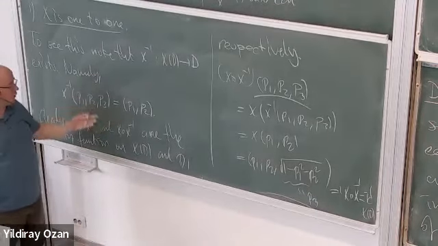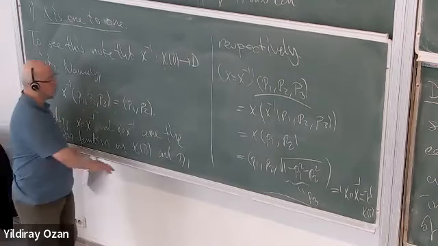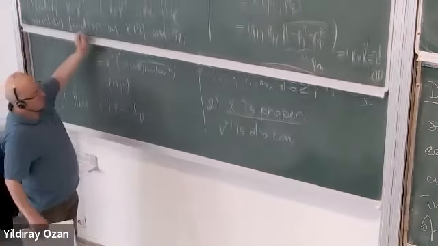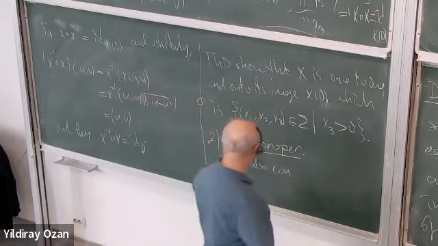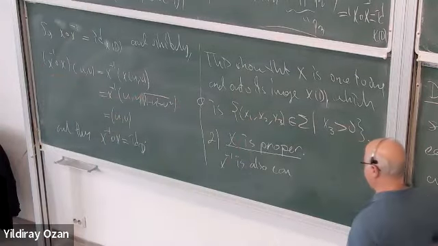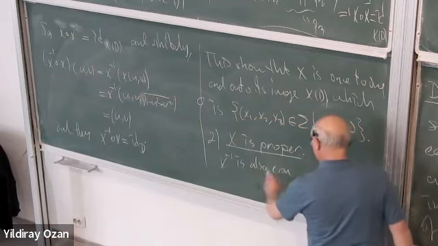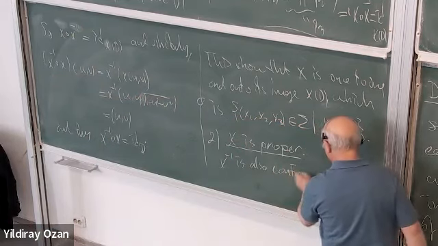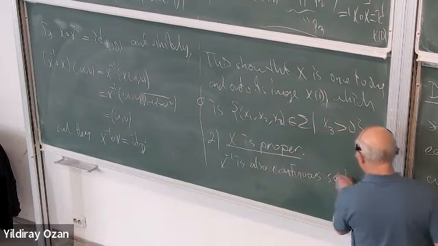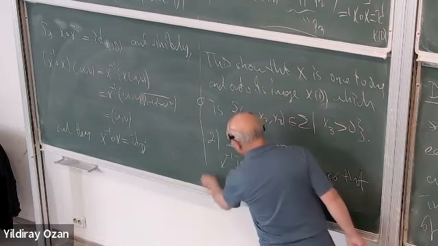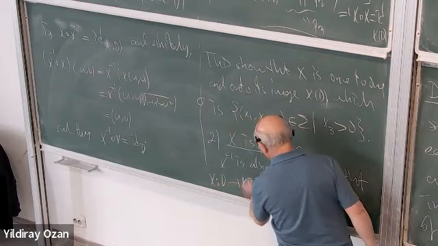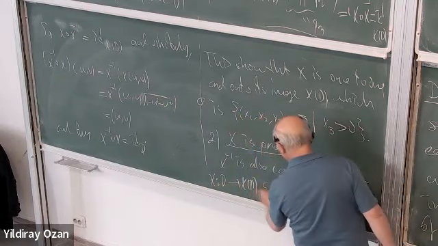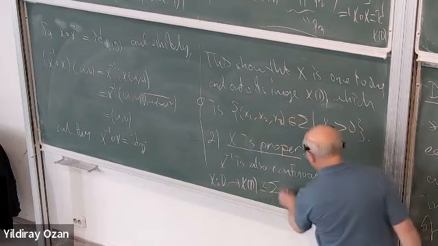Projection function is always continuous. Therefore, this is a continuous function. Since X is continuous and it has a continuous inverse, X is a homeomorphism onto its image, so that X from D onto XD, which is a subset of sigma, is a homeomorphism.